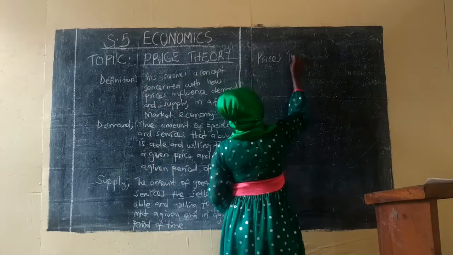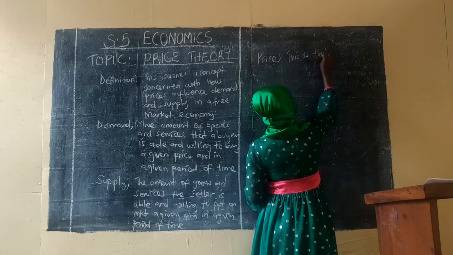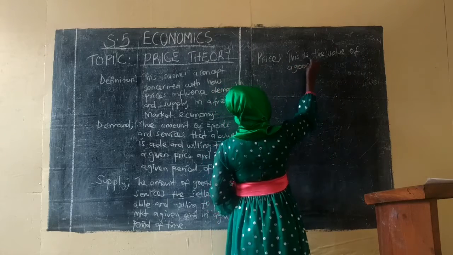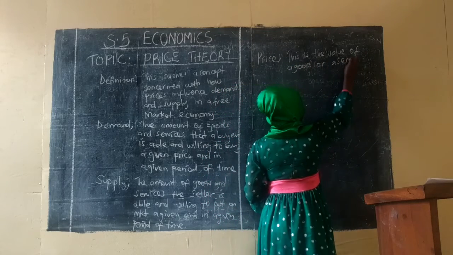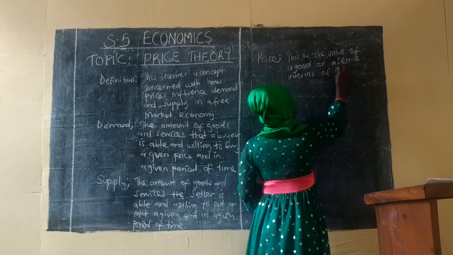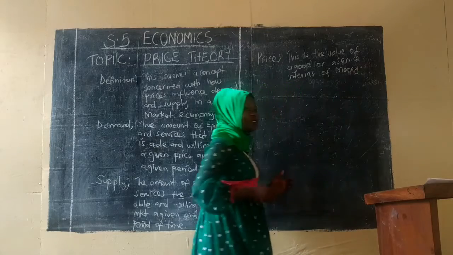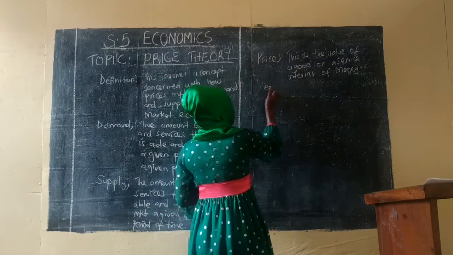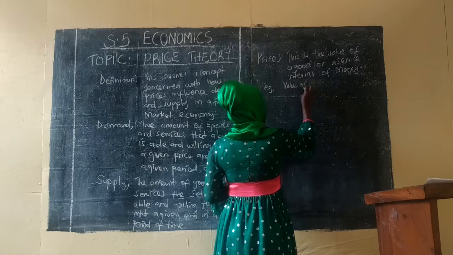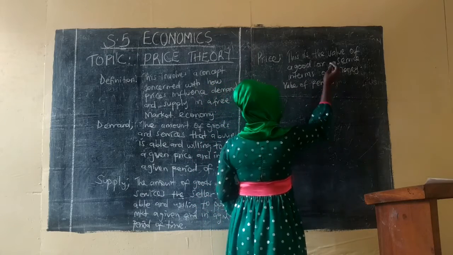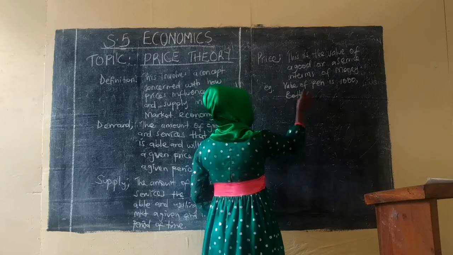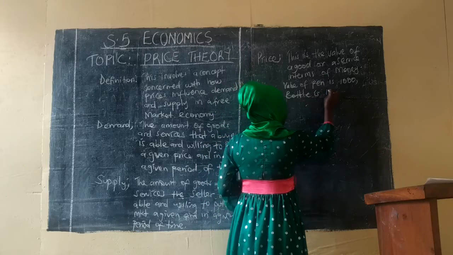Simply, this is the value of a good or a service in terms of money. For example, the value of a pen is 1,000.